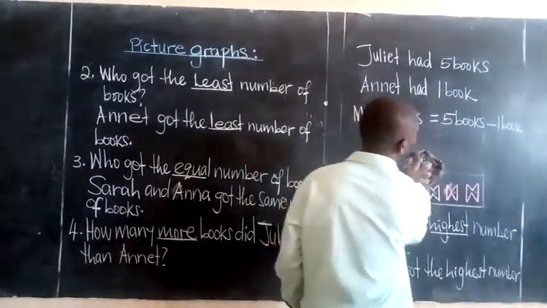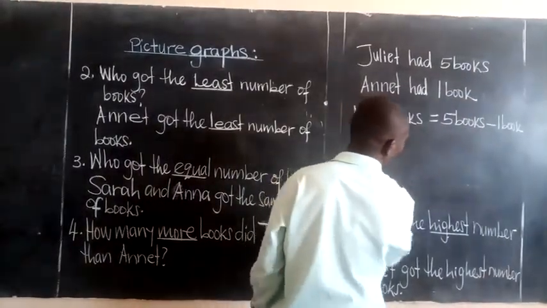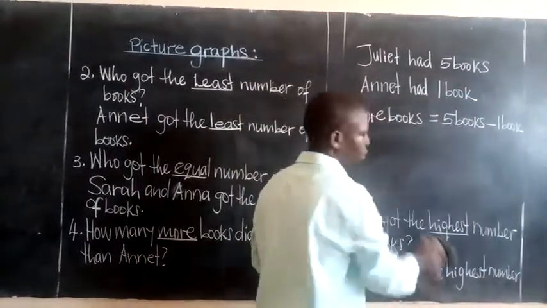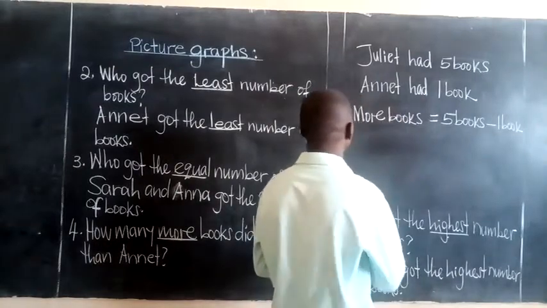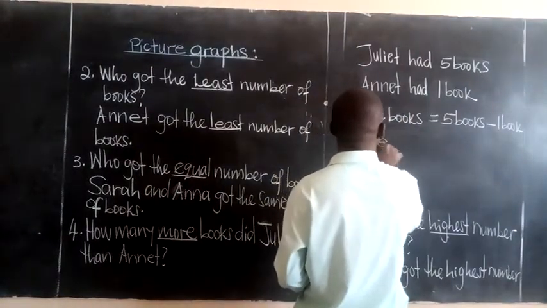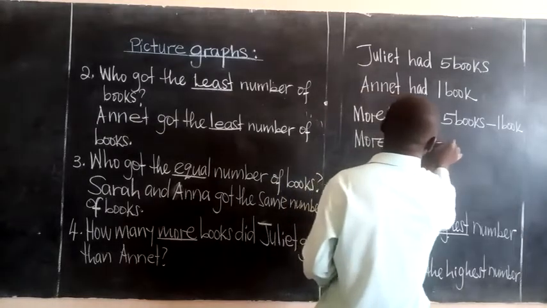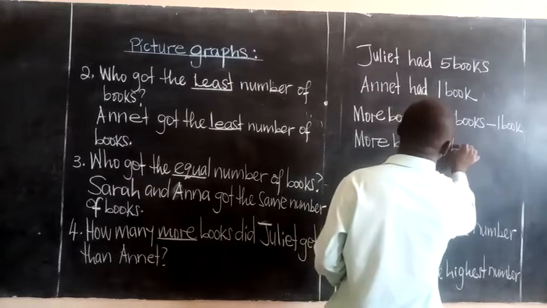Whereby we shall have the more books as what? More books equals 4 books.